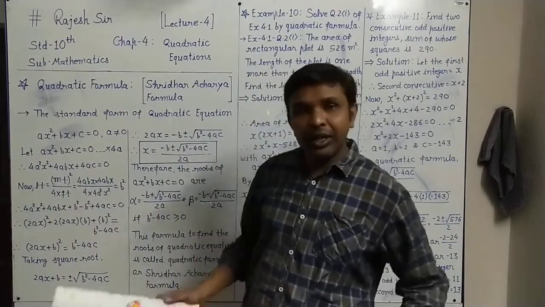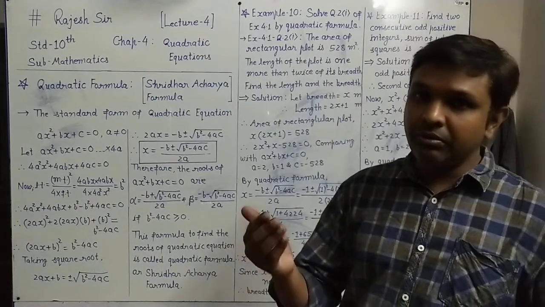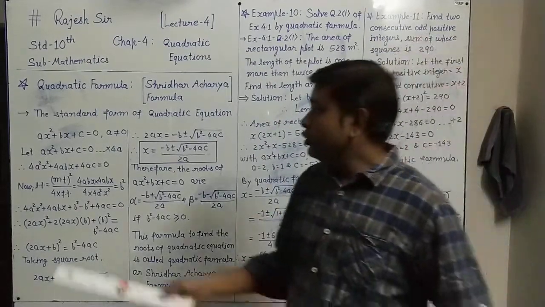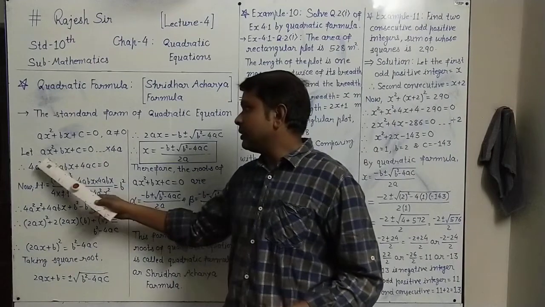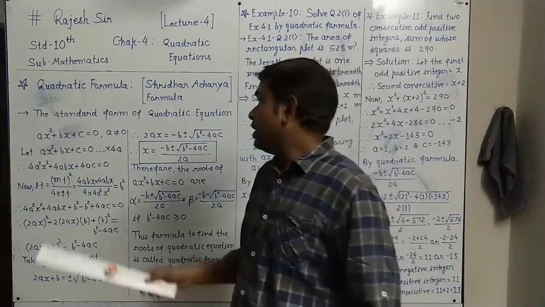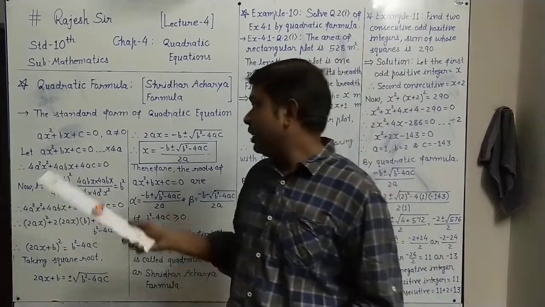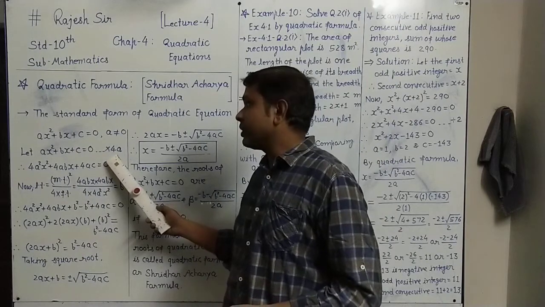To make the first term a square, we have to multiply or divide. Either you may divide by a to make it x square only, or you can multiply by something to make it a square. So we have multiplied by 4a.